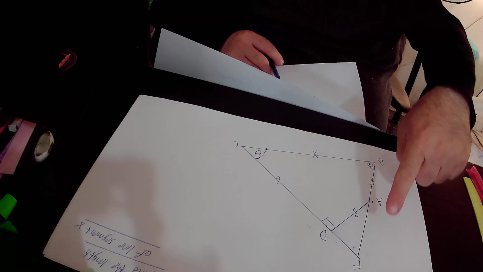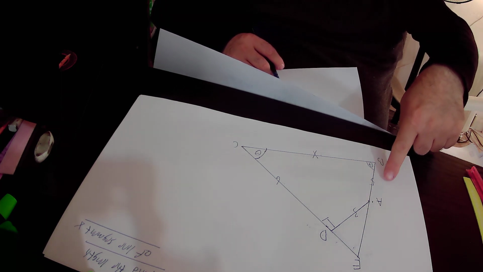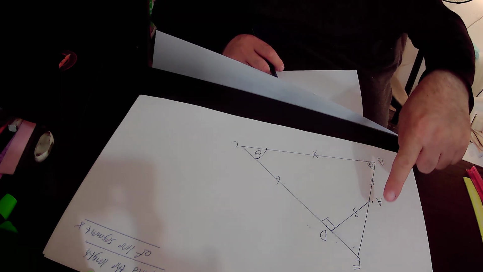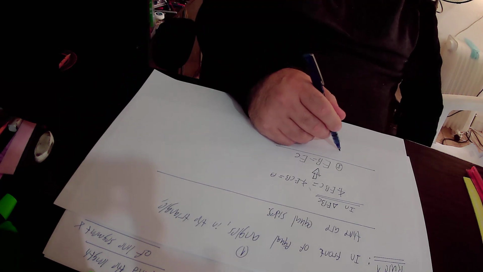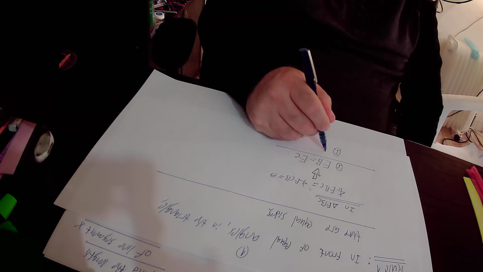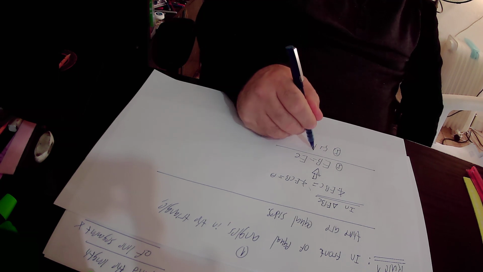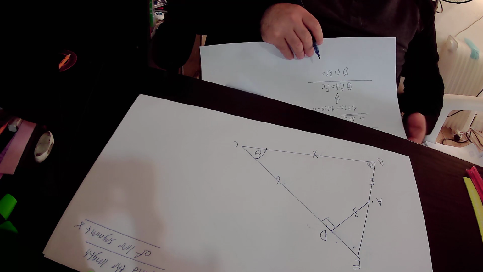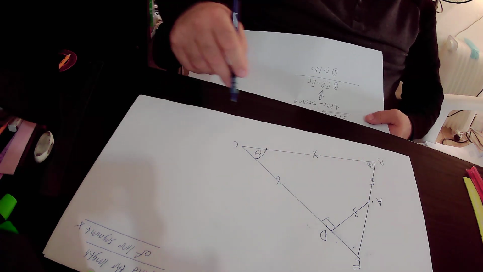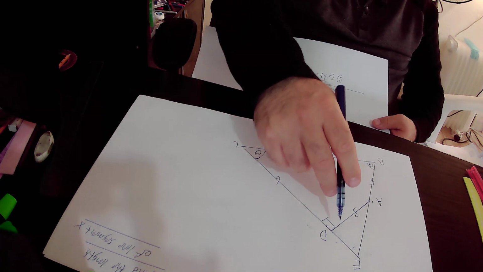And side EB equals 5 plus AE. I'll write it down. While side EC equals 6 plus ED.